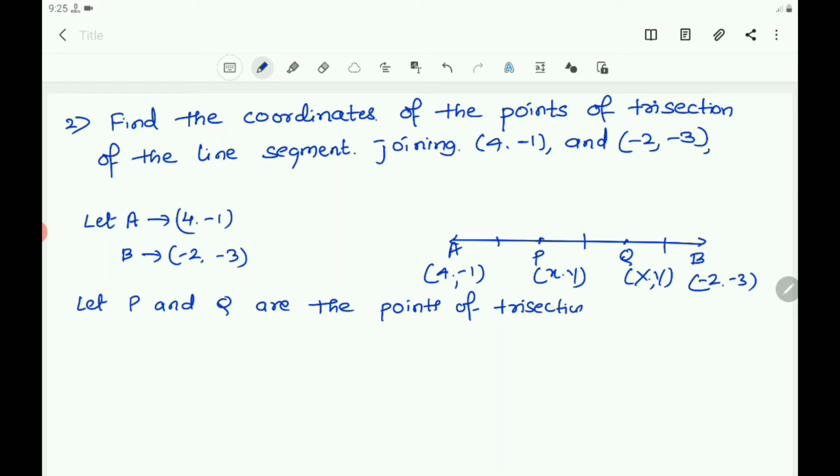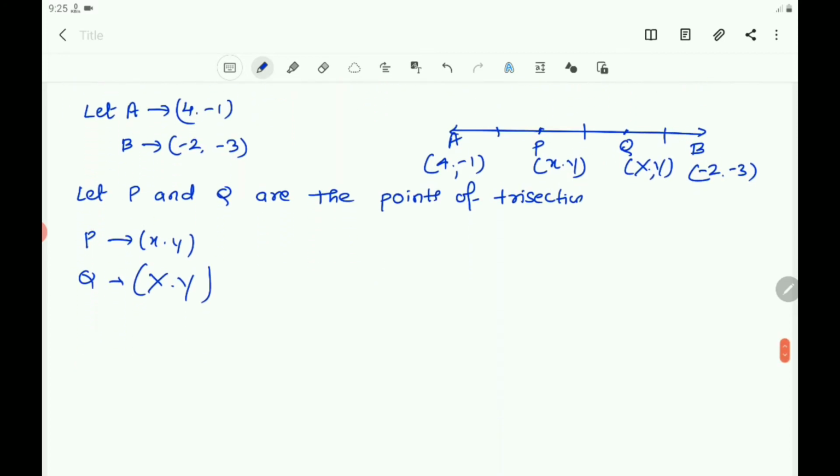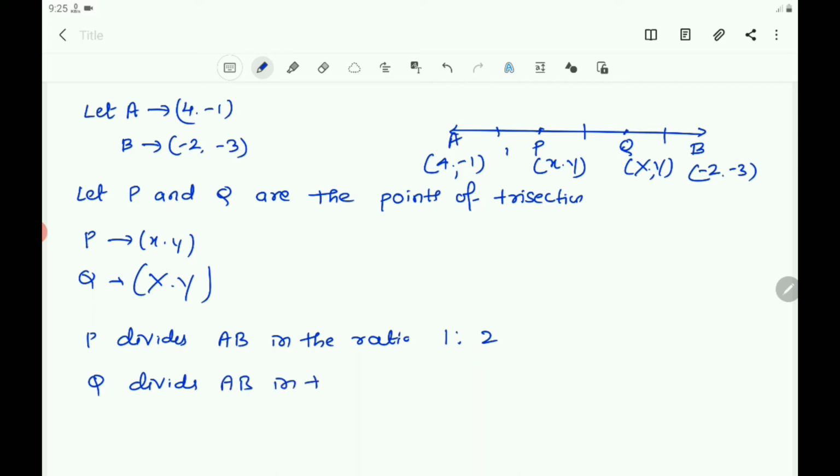So you take P as a point with coordinates (x, y) and Q as a point with coordinates (X, Y). Now you know that P divides AB in the ratio 1:2, that is 1 part, 2 parts, and Q divides AB in the ratio 2:1.